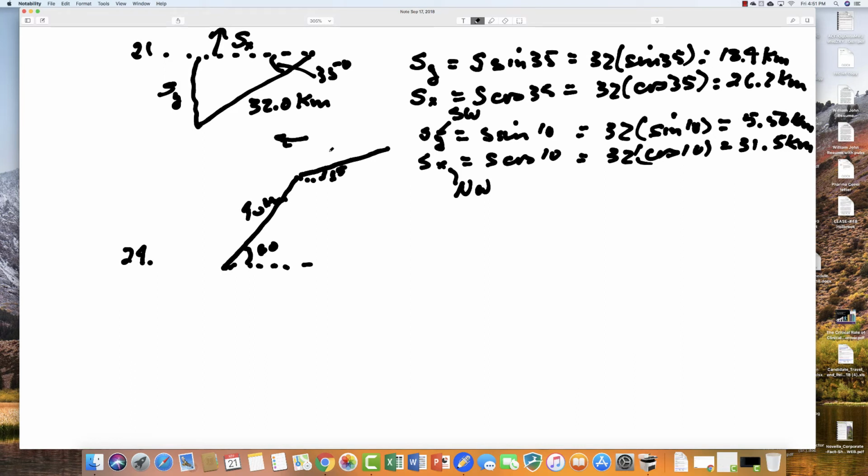30 kilometers. So the question is, and they give you a diagram to look at, to find the total distance from the starting point and the angle. So from here up to here, like that.